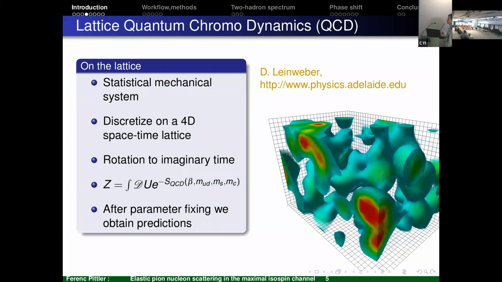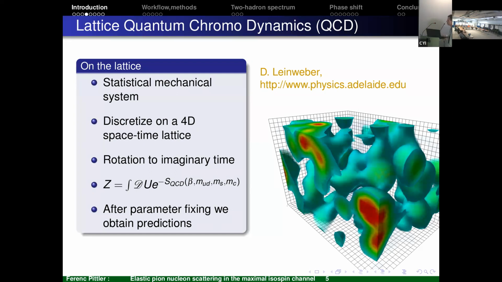It's statistically similar to the Ising model, but it's much more complicated since it's four-dimensional, and the degrees of freedom are color and spin vectors on each site, and SU(3) matrices on each link. But the main structure, the building blocks, are similar.